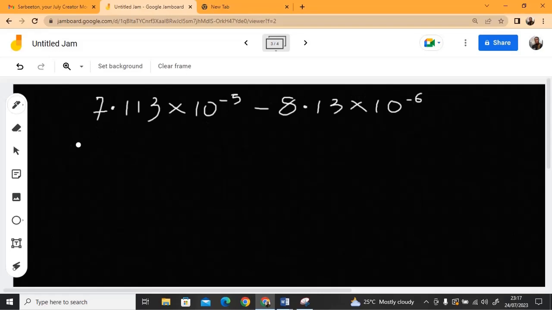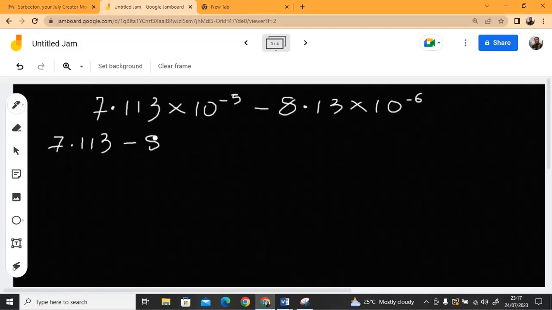So what you have left is 7.113 times 10 raised to the power, when you take this one off, because you have done justice to this. So you have minus 5. When you pick 10 raised to the power minus 5, there's nothing remaining. So you have minus.